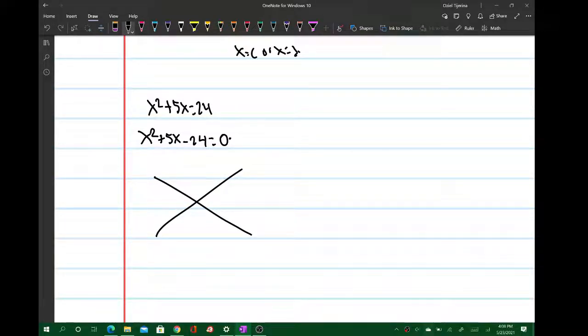So if a times c, that's negative 24, and then you have 5, right? What are two numbers that multiply to negative 24 and add to 5? So let's think about this one. It would be negative 3 and 8, right? So then you would say x minus 3 times x plus 8 equals 0.